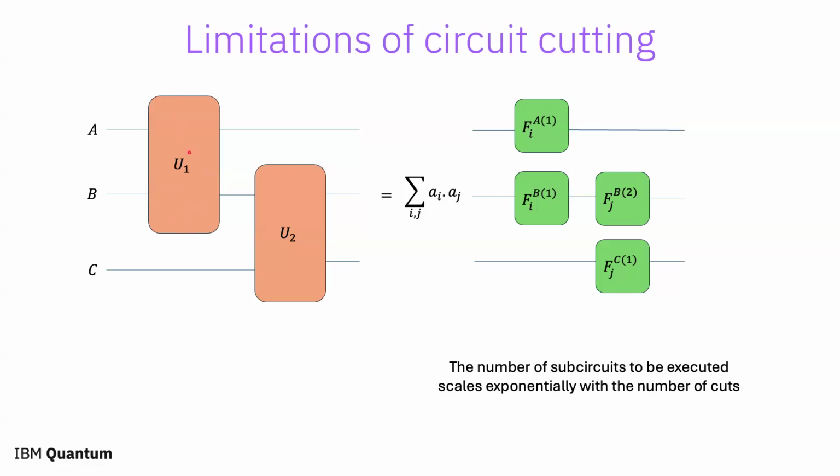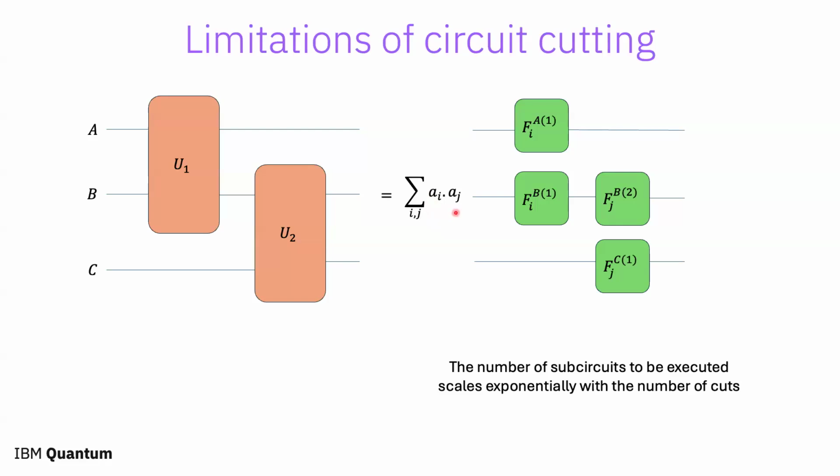Let's say this is a U1, which I will partition as F_I^A and F_I^B, and this is U2, which I will partition as F_J^B and F_J^C. Now this one, I need to run some A_I times. This one, I need to run A_J times. So if I cut both of these gates, I need to run the circuit A_I times A_J this many times.